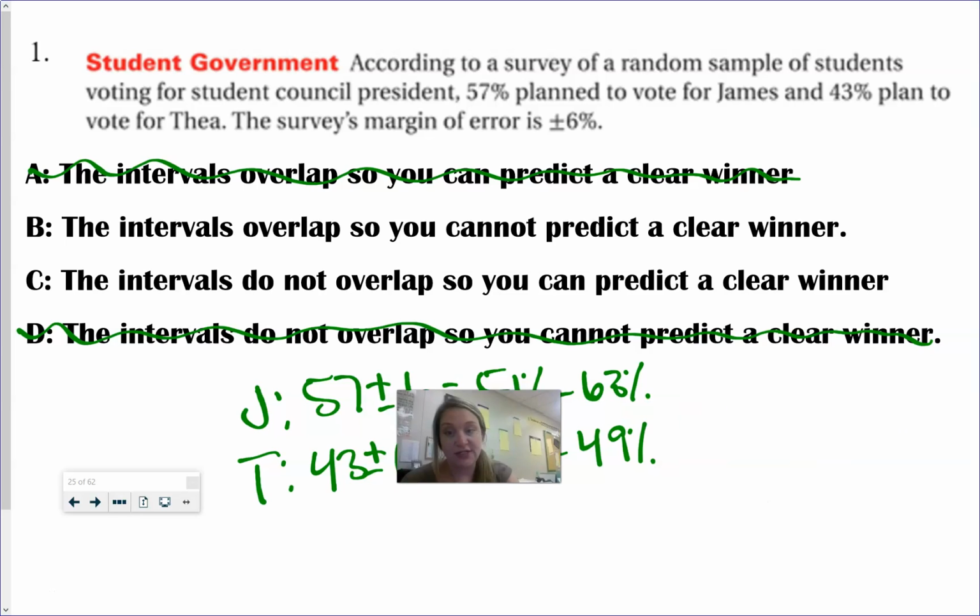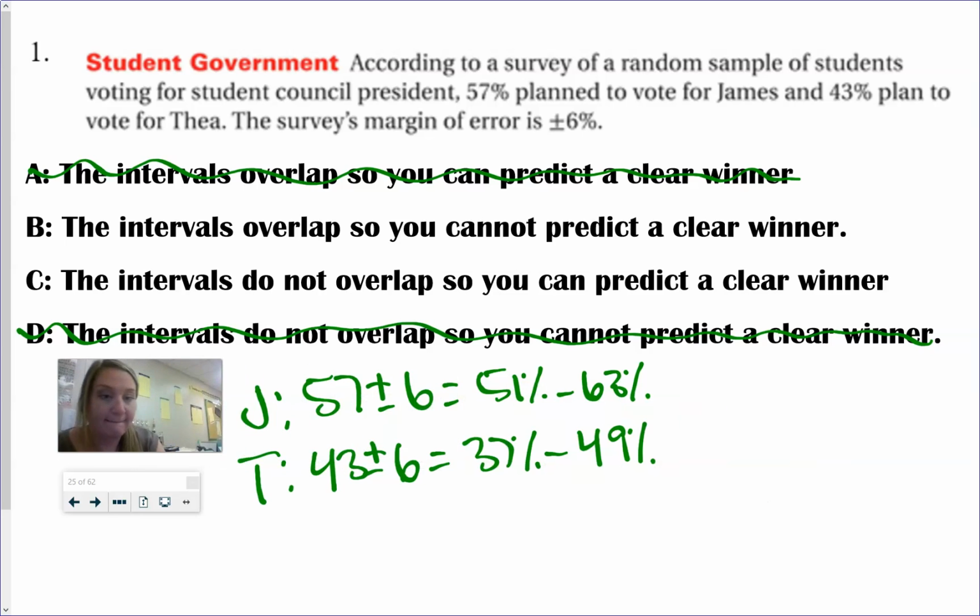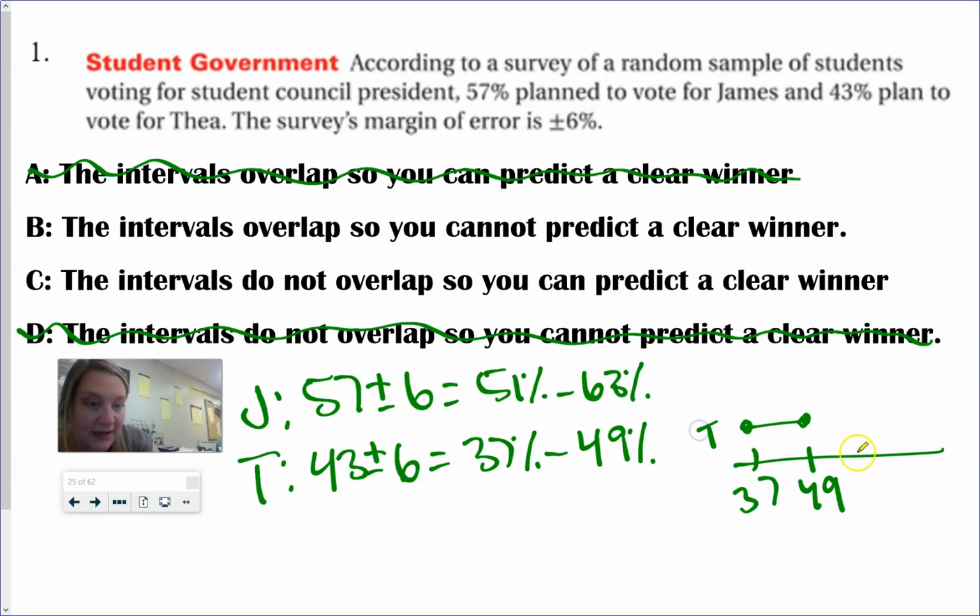But again, if we need to represent a number line, we can, right? So 37 to 49, there's Thea. And then we could do 51 to 63. Boom, there's James. They're not going to overlap.